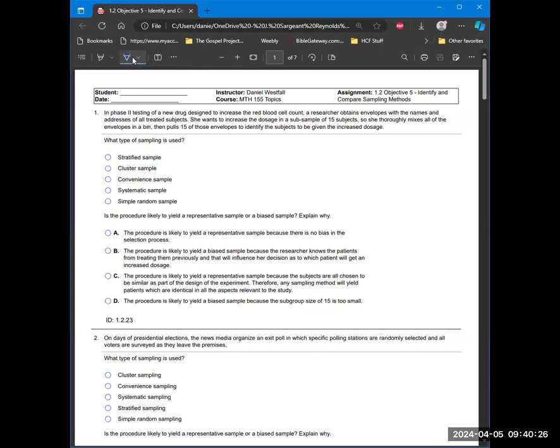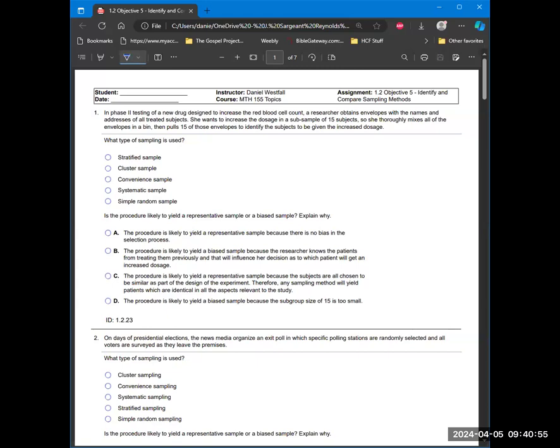She wants to increase the dosage in a subsample of 15 subjects. So she thoroughly mixes all of the envelopes in a bin, then pulls 15 of those envelopes to identify the subjects to be given the increased dosage. So what type of sampling is used?